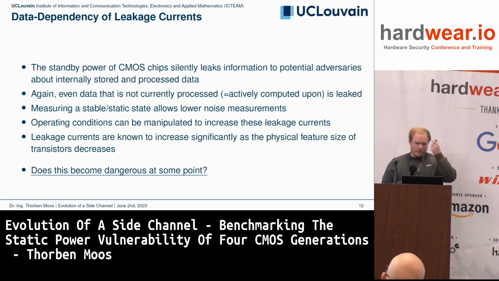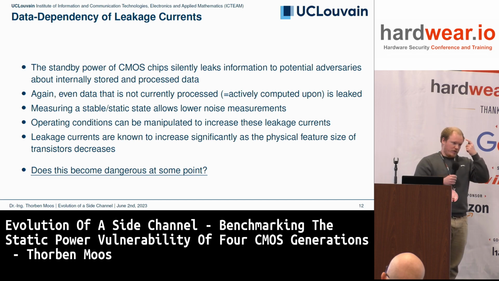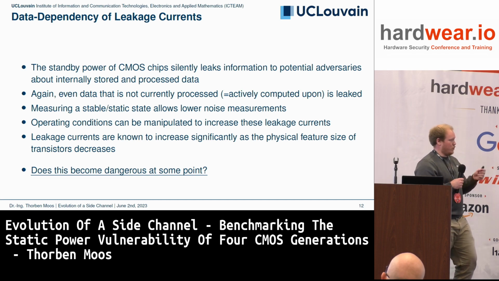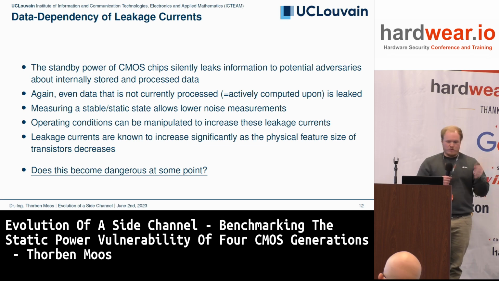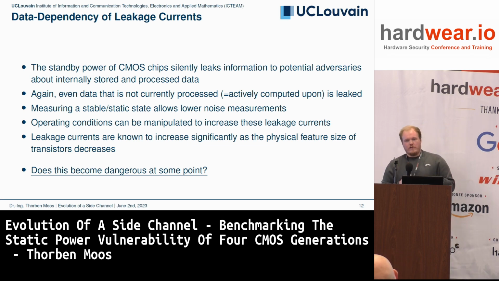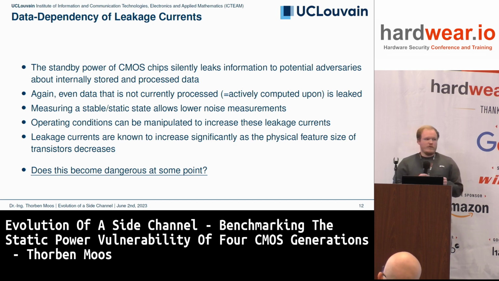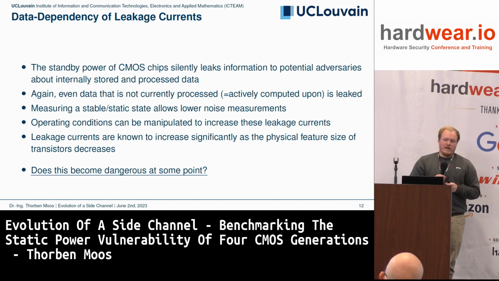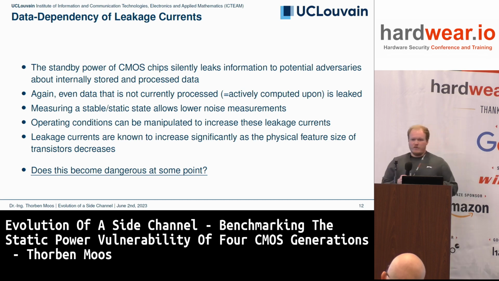Also, what we know from physics is that I can use the voltage and the temperature to really control these leakage currents. So voltage and temperature increase, both really ramp up these leakage currents. So if I want as an adversary, I can really fry my chips in a climate chamber and ramp up the voltage, and it leaks much, much more.